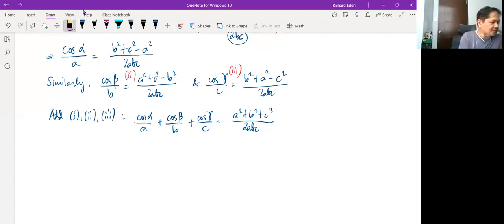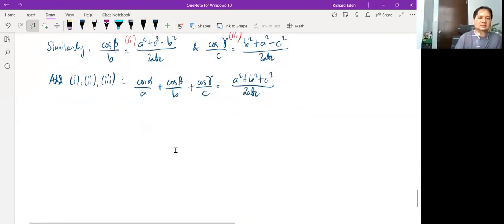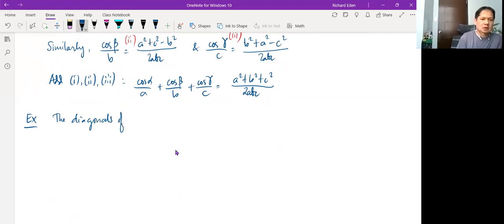Okay, here's a problem. Oh, I haven't proved this yet, no? So let's prove this later, after this. The diagonals of rhombus ABCD are 10 and 4.